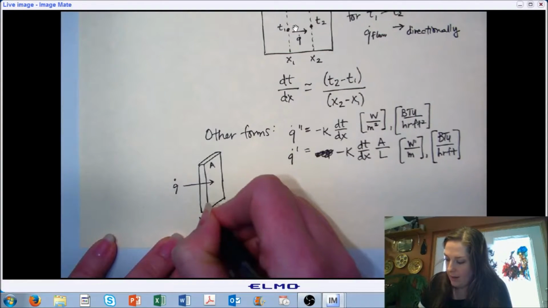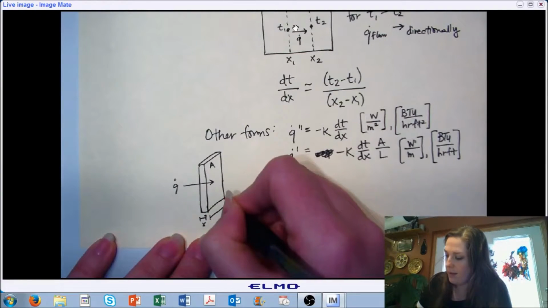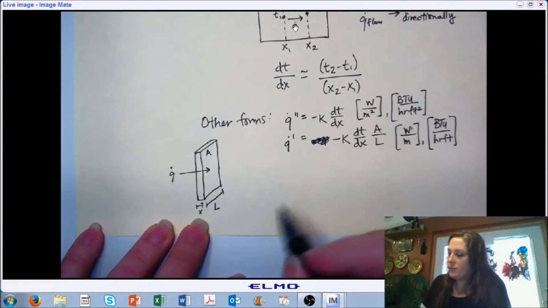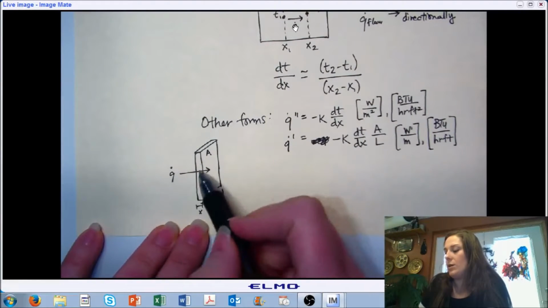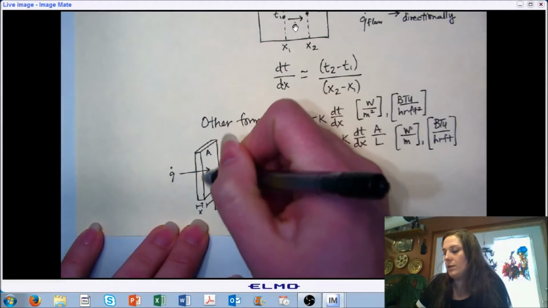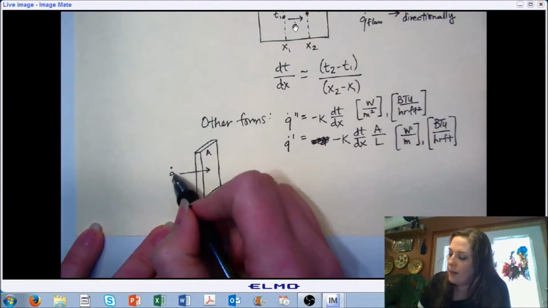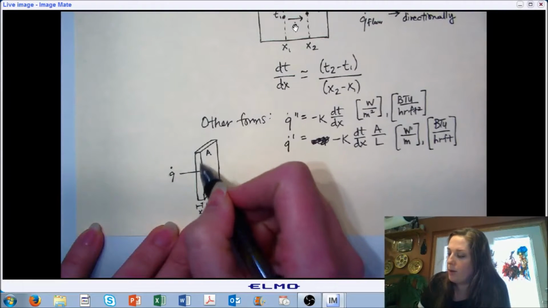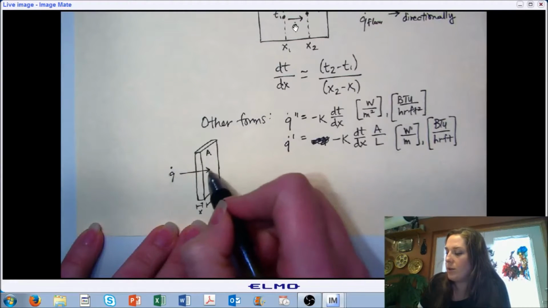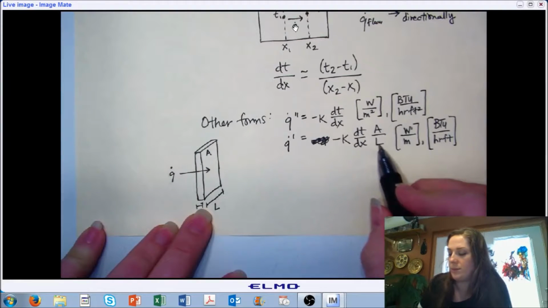The wall has a thickness of X, and the length of the wall section is L. Then you can express this Q as the total amount of energy that passes through the entire surface area, which is our governing equation up above, or we can say there is so much energy per unit of surface area, which is this one, or there's so much energy per unit of length of wall, which is this one.